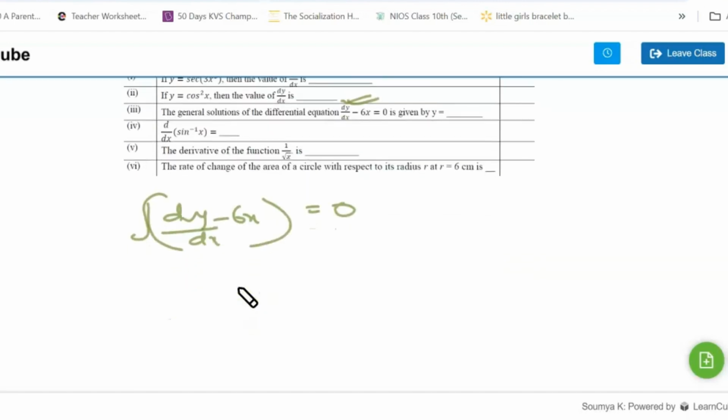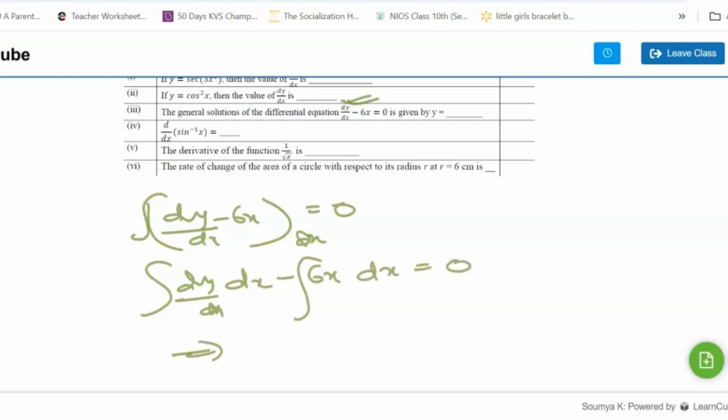After integrating, what you will get, and you have to integrate with respect to x. So in this case, integral of dy by dx of dx minus integral of 6x of dx equal to 0 or any constant. I am bringing this to the right hand side.